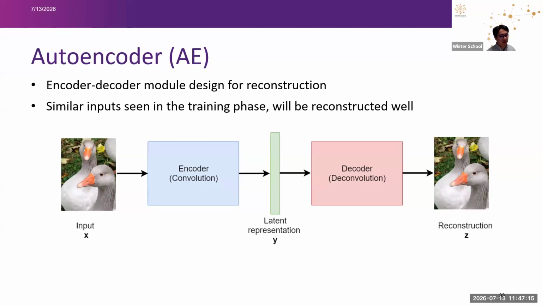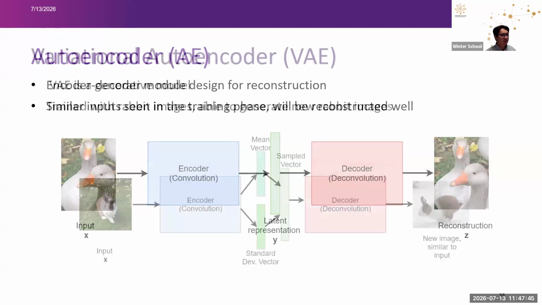We encode the input into a representation, which in the middle we call the latent representation. Then we use a decoder to decode from this representation vector and bring it back to the original input to see if they are similar enough. This is what we call the reconstruction process in this model.